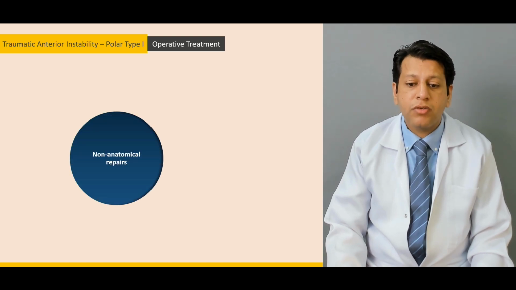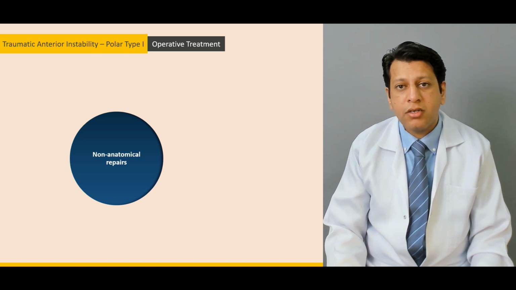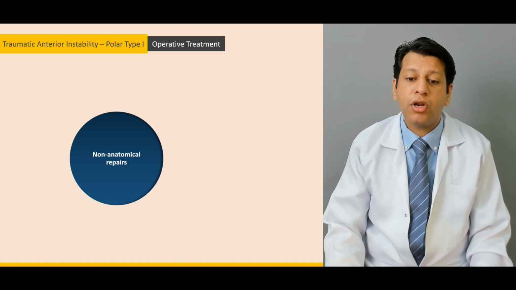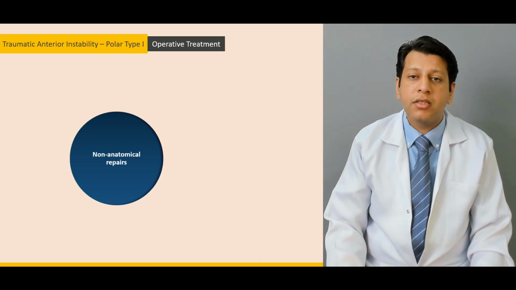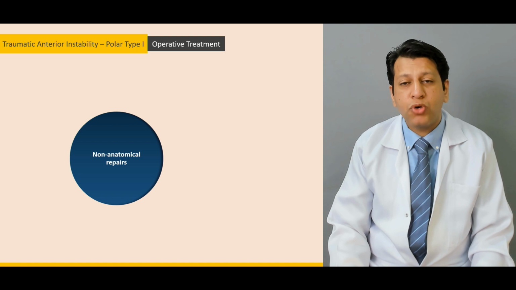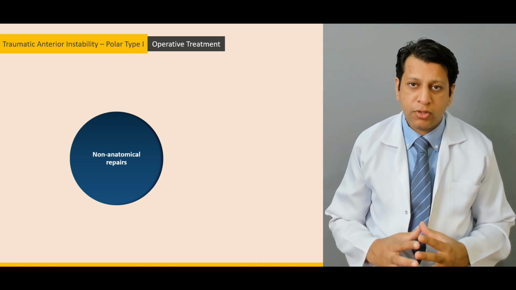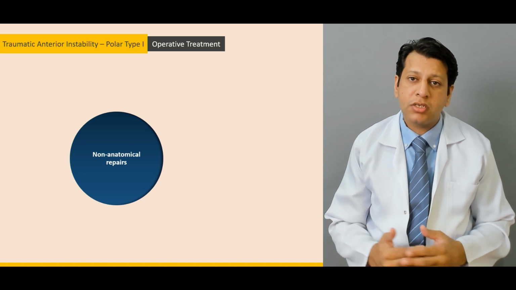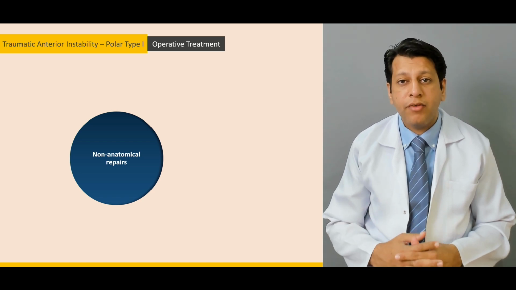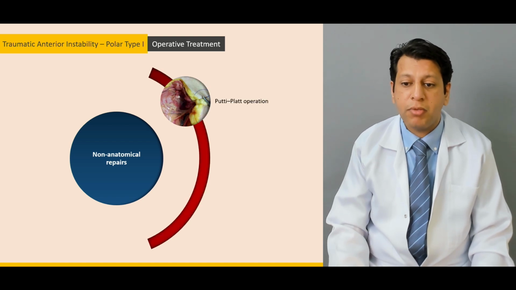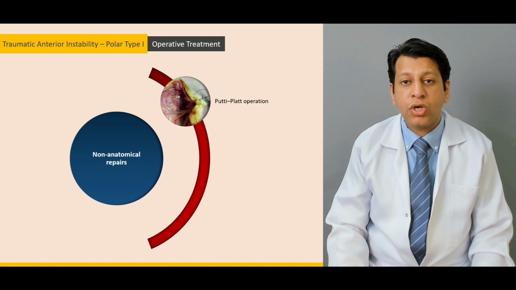But if it is recurrent instability or recurrent dislocations, then we may have to go for some form of non-anatomical repair as well. There are certain surgeries like Putti-Platt, which were of historical value. Nowadays, they have become obsolete. But certain procedures such as Latarjet or even the Bristow-Latarjet procedure are of significance and may require a non-anatomic repair.